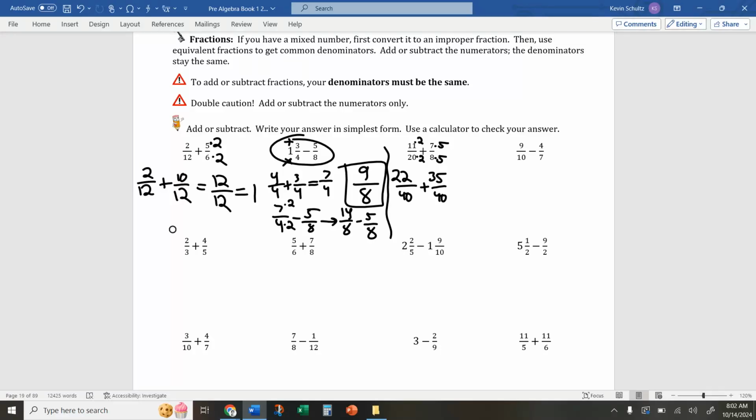We get 35 more. 22 and 35, 57 40ths is our answer. If you could reduce it, then you would. We can't. Going back to a mixed number is not reducing, it's converting, so we don't need to do that. But there we have it. Okay? Questions on this?